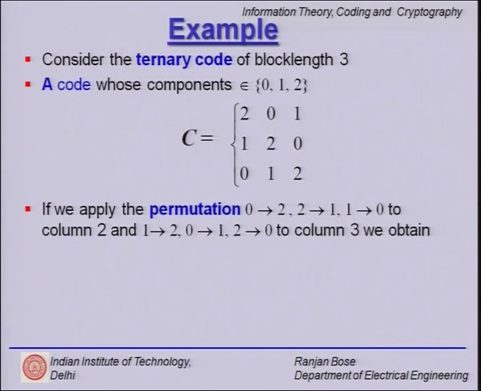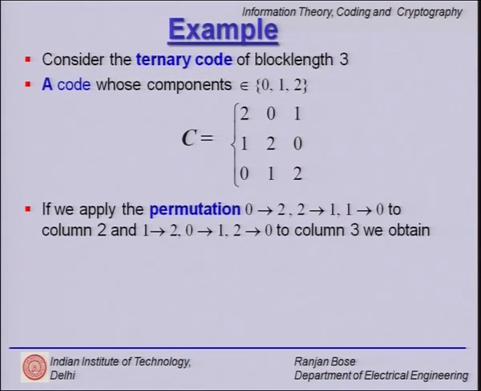I am writing out this example now, and then 0 is represented by 2, 0, 1, 1 gets represented by 1, 2, 0 and 2 gets represented by 0, 1, 2. Now if you look at this example, you will see that this is not a linear code. It is a block code, but the all 0 code word is missing.